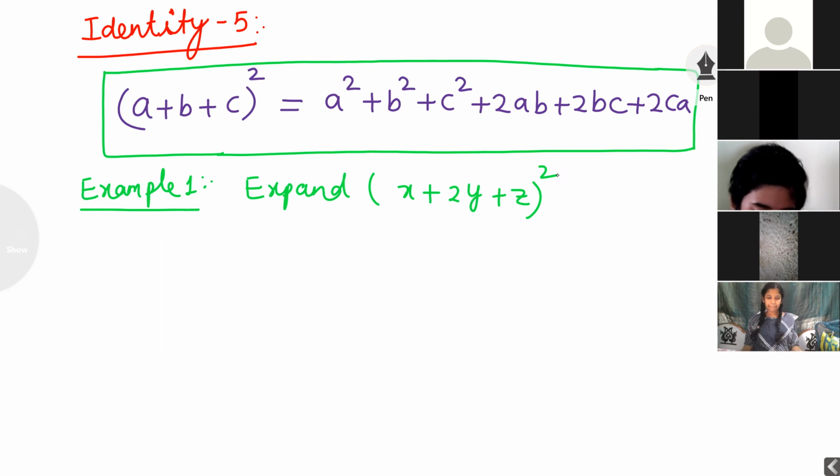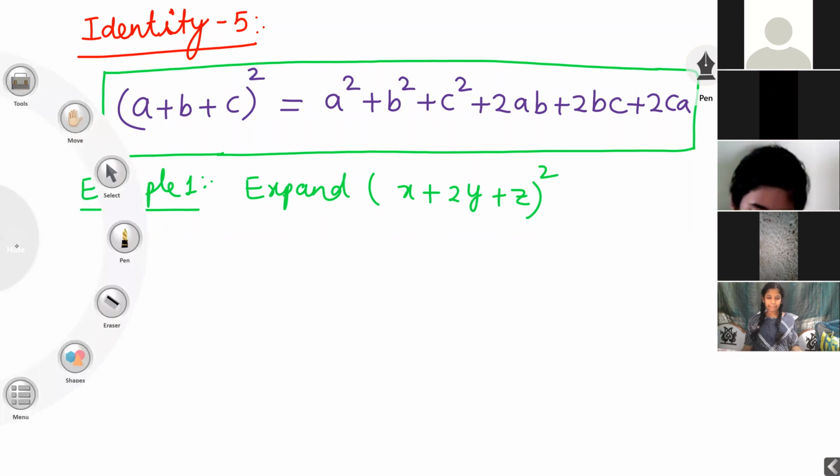Again, students, you are observing this question is looking like a plus b plus c whole square. The value of a is x, the value of b is 2y, the value of c is z. Now we want to apply identity 5. Very easy question.